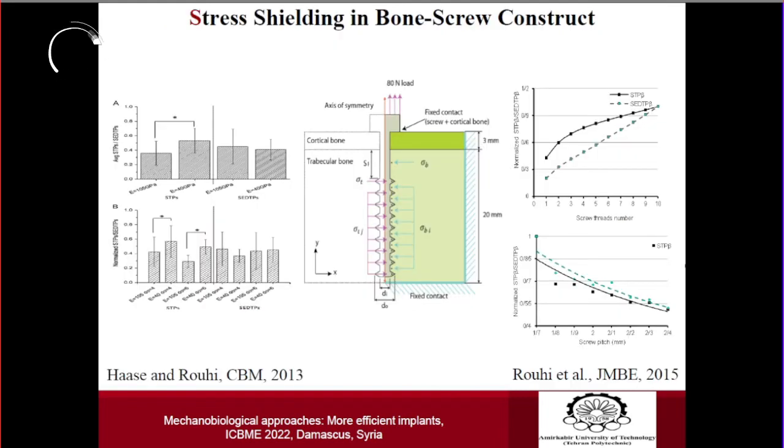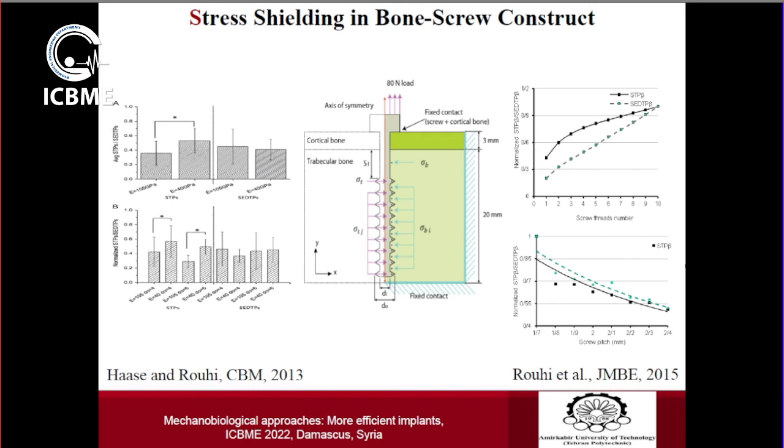One of the theories we have suggested on bone resorption and some other works. Let me make concluding remarks.